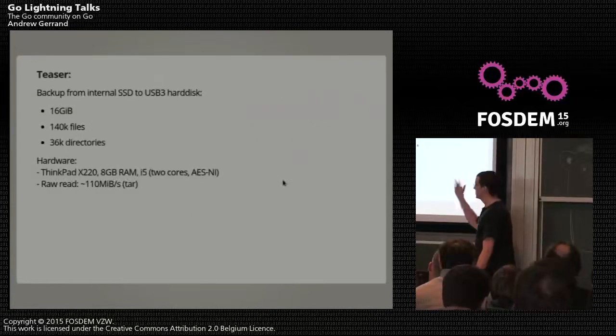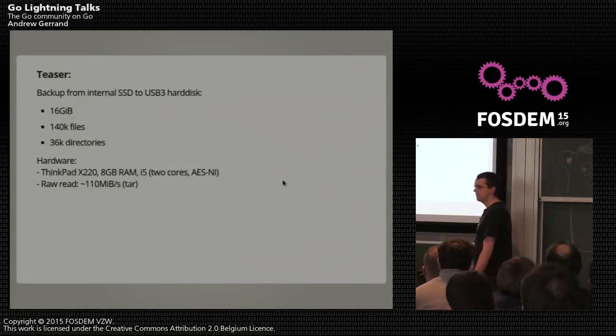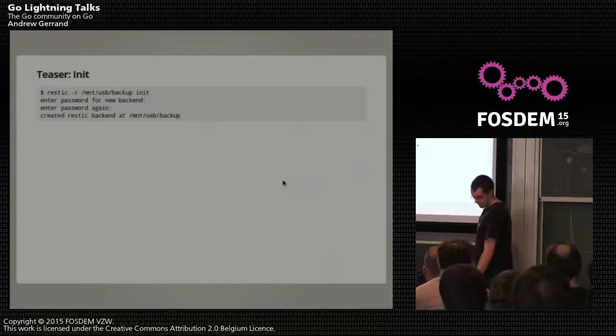The teaser: this is my use case from the beginning of the talk, 16 gigabytes, 140K files, 40K directories, and so on. The example was running on my laptop here. It's a rather old ThinkPad with not so much RAM, but at least an i5 processor with AES hardware acceleration. Creating a backup repository is really easy.